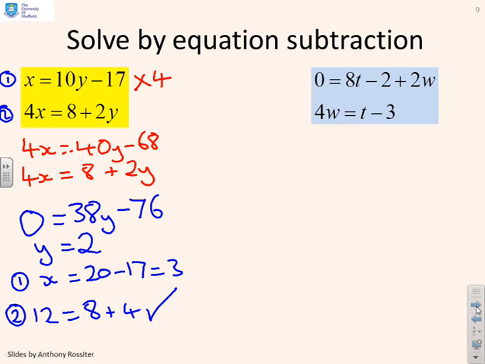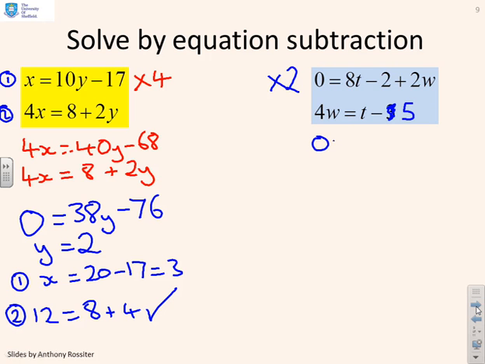Okay, what about this particular problem here? Now I need to make a slight adjustment before we start. That shouldn't be 3, that should be minus 5. So again we'll go through the same process. What we want to do is make one of the variables the same. I'm going to choose to make the w's the same, and I can do that by multiplying this one by 2.